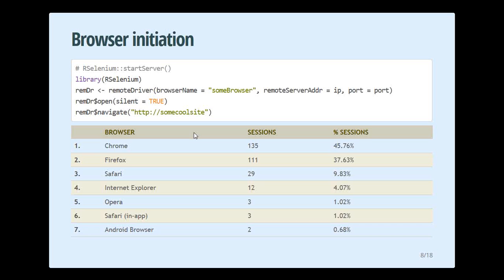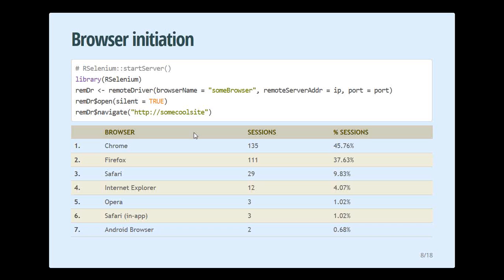Once we've done that, the structure of RSelenium is quite simple. There are 3 reference classes. There's an error handling reference class, there's a remote driver reference class, and there's a web element reference class. The web element reference class inherits from the remote driver class, and the remote driver class inherits from the error handling class.